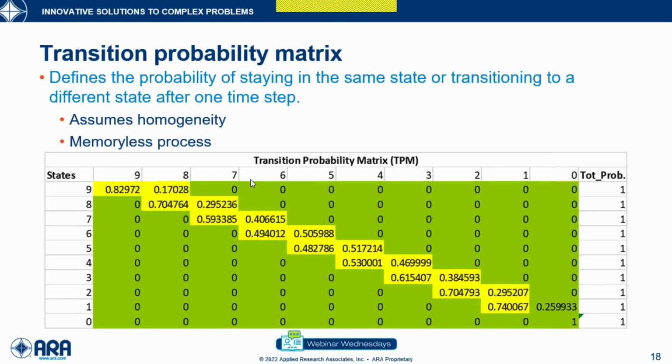So in here, as mentioned, we're looking at a transition matrix. This is an actual matrix for one of the culverts, or one type of the culverts. As you can see in here, we've limited the transitions at the first trial to either staying in the same condition or dropping one condition rating. And we'll talk about some other modifications that we have done. I wanted to point out that the total probabilities should add up to 1.